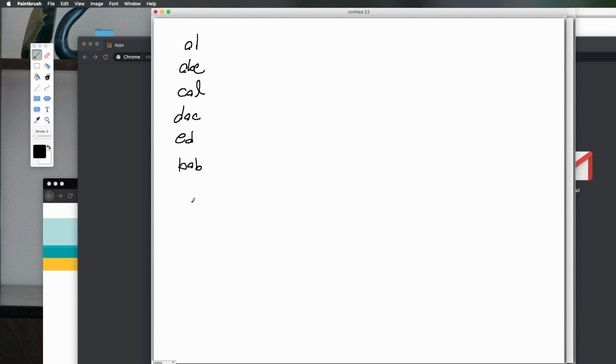And what I've decided here is that my prime is going to be 11. So when I calculate this, A is a 1, so that's 1 times 26 to the first plus, and L, it turns out, is the number 11, so it's 11 times 26 to the 0, and I compute this all mod 11.